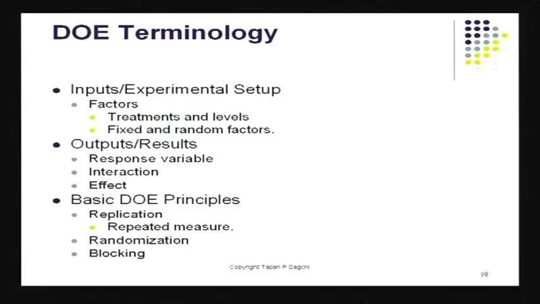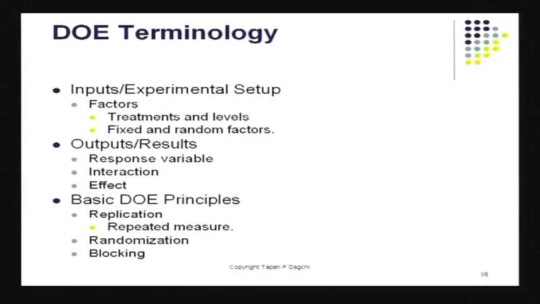We'd also like to see, as the output of the total empirical study process, the interaction between factor effects. This is something we'd like to understand, and we would also definitely like to understand the effect of the main factors, the prime actors in the process, such as temperature, pressure, concentration. These are the factors that vary in the system, and these are the ones that require some sort of adjustment in order for us to optimize the system and get the performance to come out in a manner that's optimal for us.